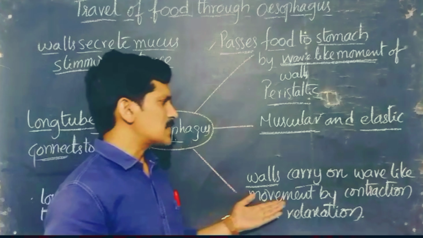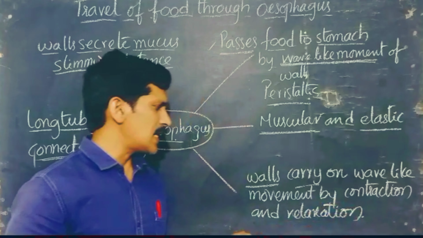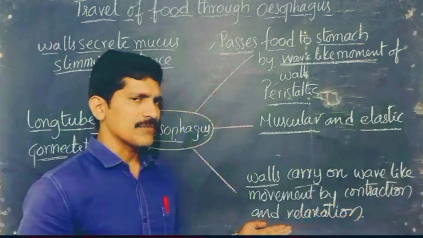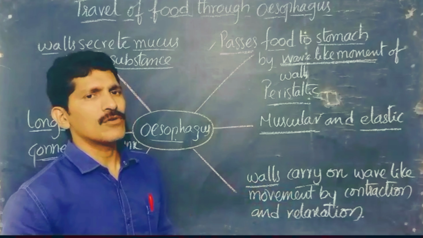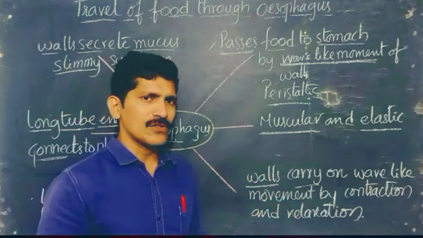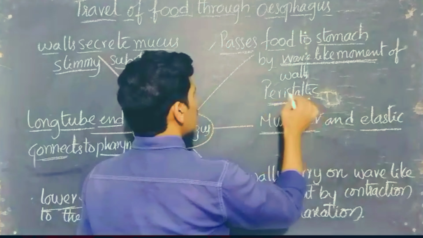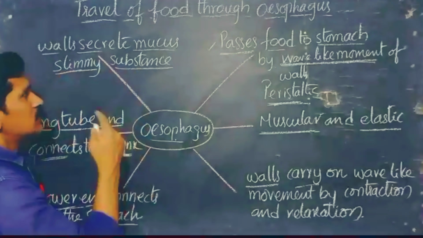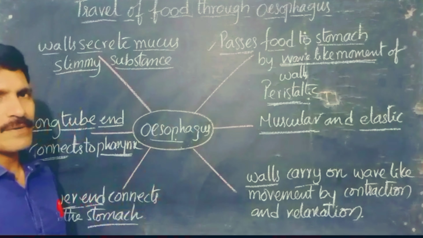Because the muscles are contracting and relaxing. When the muscles of the esophagus rhythmically contract and relax, it causes a rhythmical movement of the food. That is called peristaltic movement, or peristalsis. This is the travel of food through the esophagus, and these are the things that may happen.